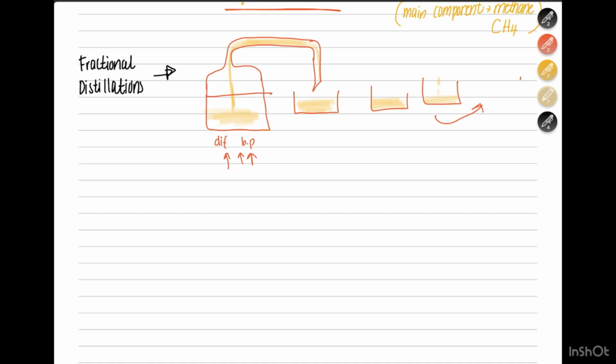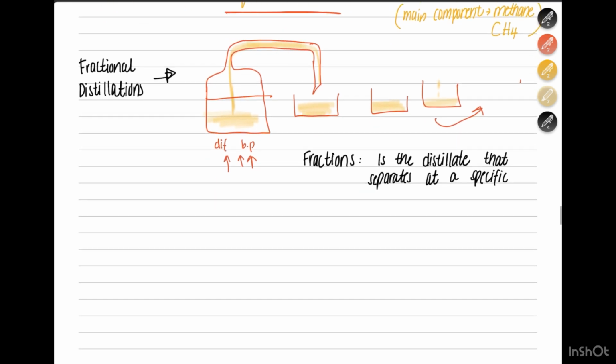These components are also called fractions. A fraction is the distillate, because we apply distillation on it. So this is a distillate that separates at a specific boiling point.